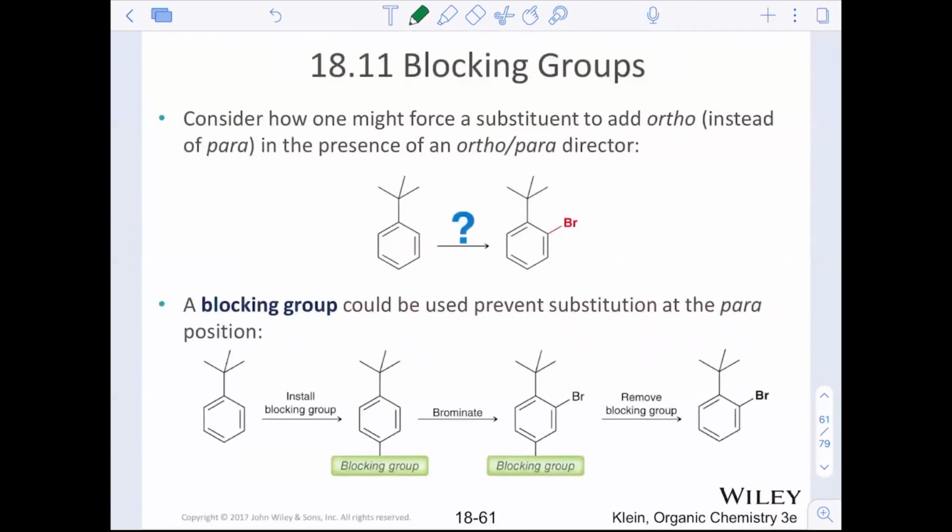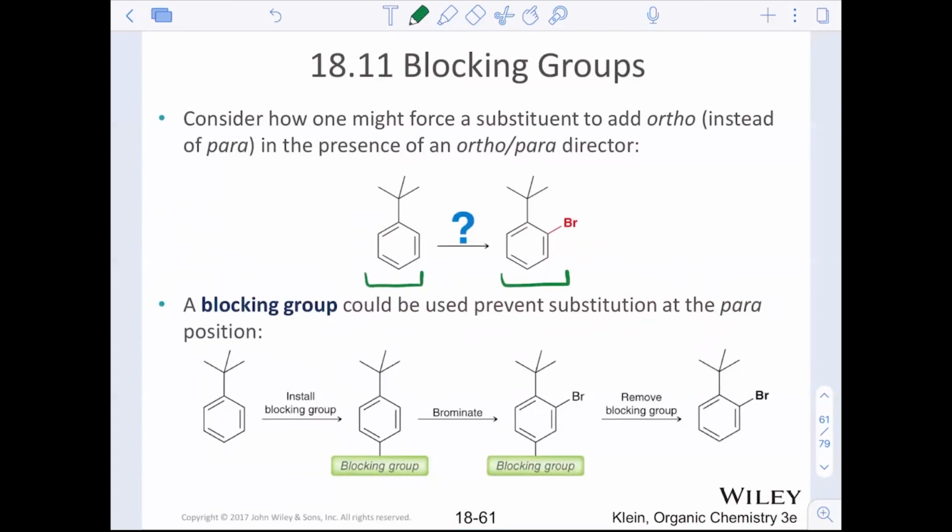Now, blocking groups. This is a synthetic style approach, right? This is going to be helpful when we start thinking about synthetic strategies. If you want to take this reactant and make this desired product, you can't just straight up do halogenation because para is the most predominant, right?